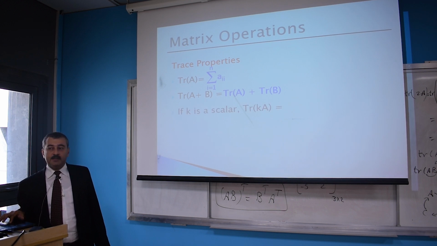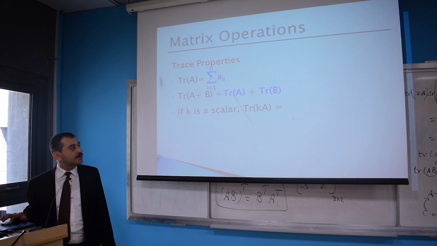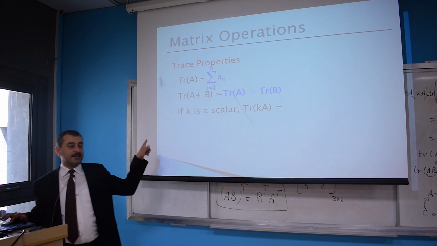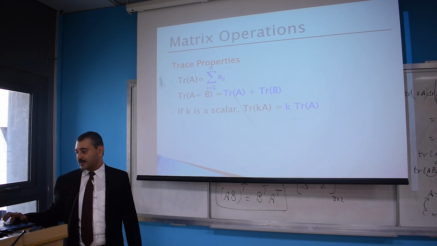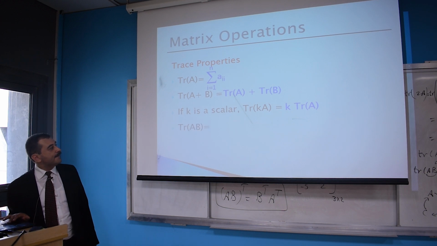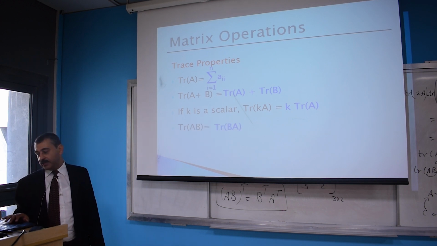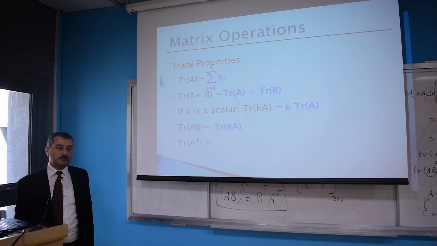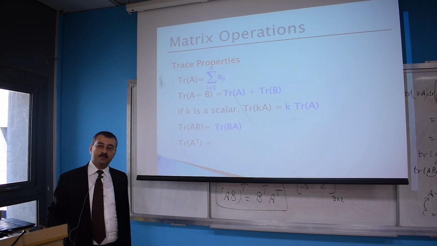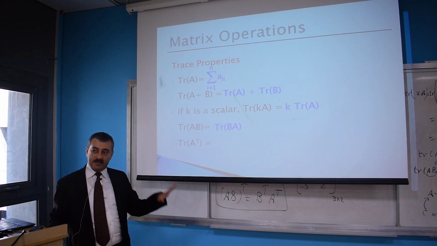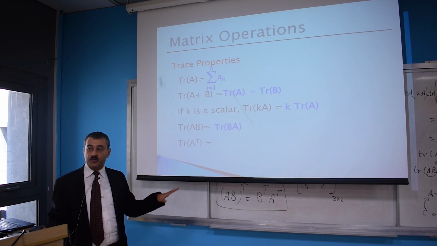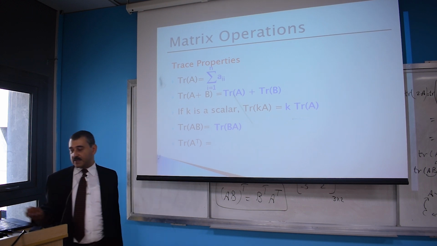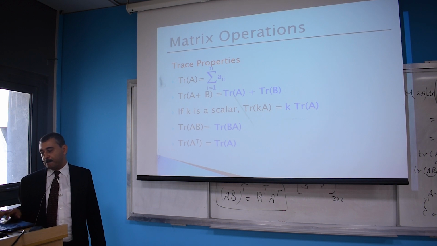Trace of kA, where k is a scalar: you can take the k outside the trace, so you get k trace A. Trace of AB equals trace of BA. What about trace of A transpose? The diagonal remains as it is when you do the transpose, so it would be the same as the trace of A.